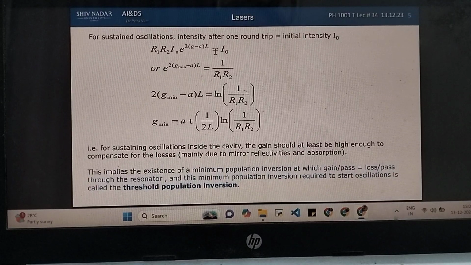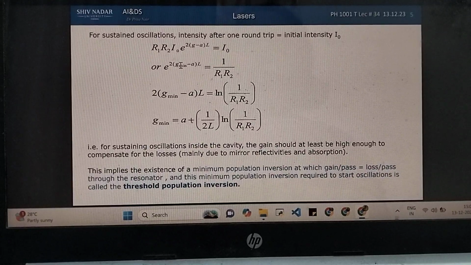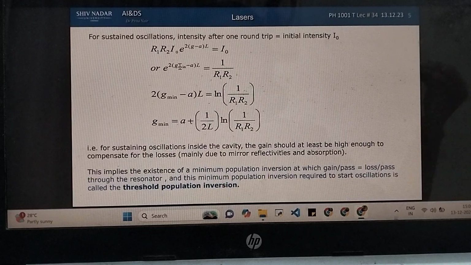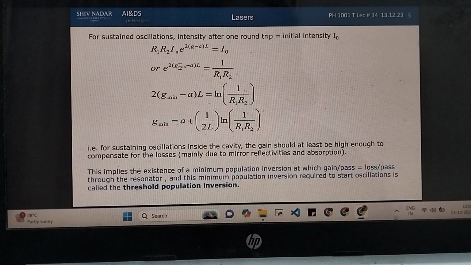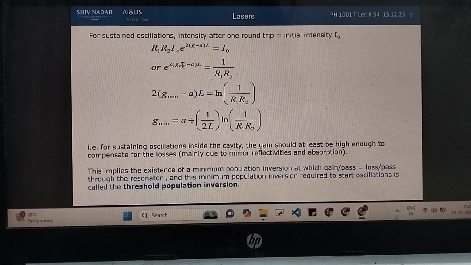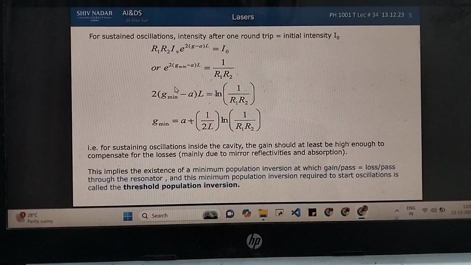Because we're looking at the worst case, it becomes equal, and in that case the population inversion you create is the minimum amount of population inversion required to set up stable emission, and that is what we call threshold inversion, right? Because we're looking at that minimum, it becomes g min, but g and g min effectively refer to the same quantity here.